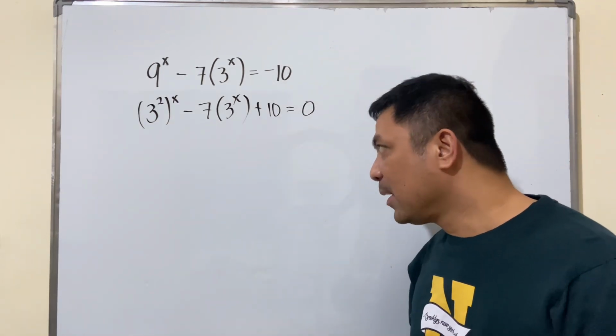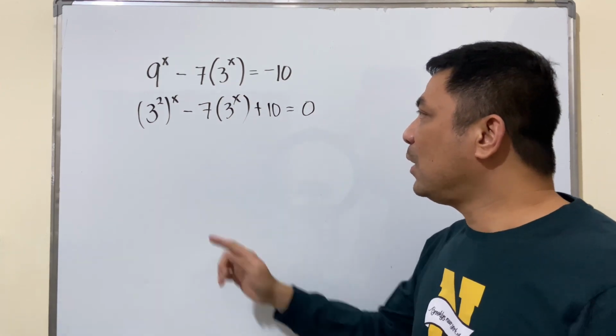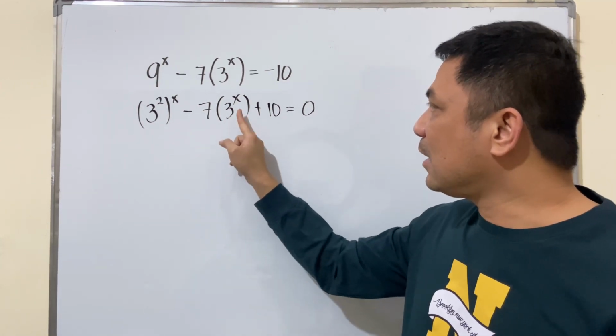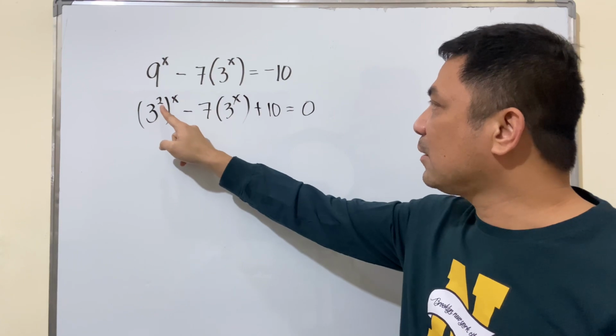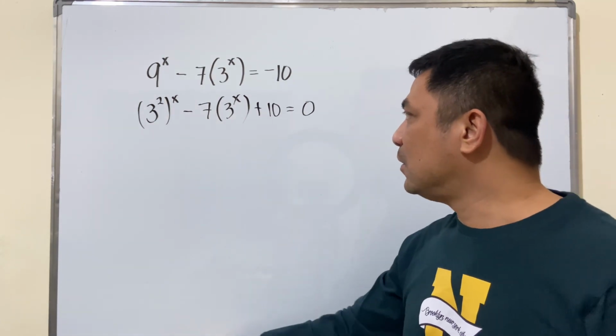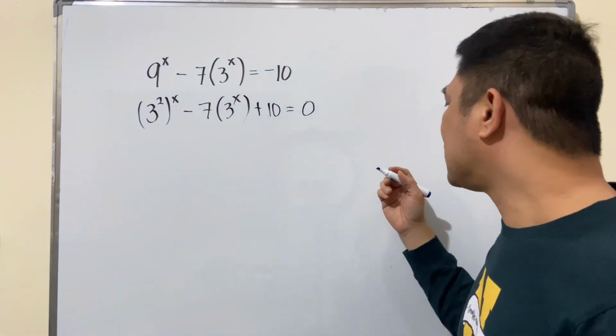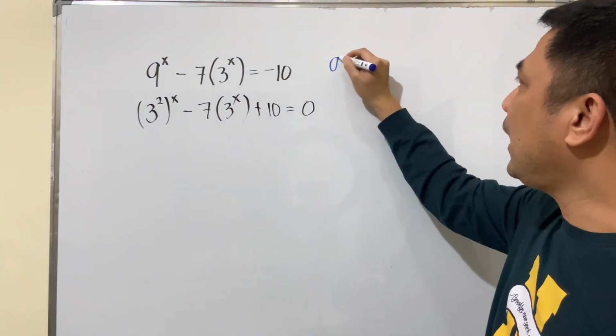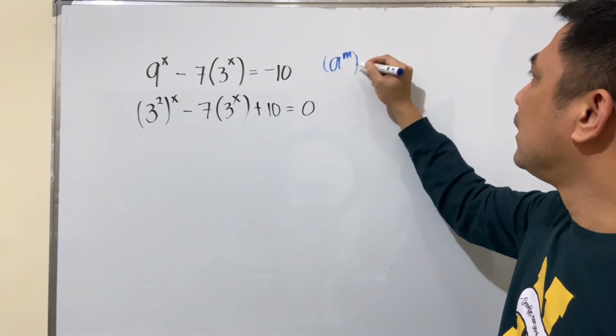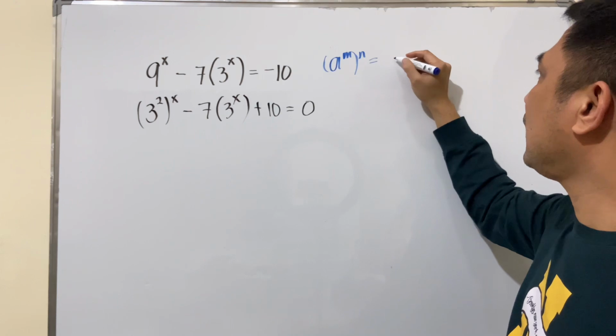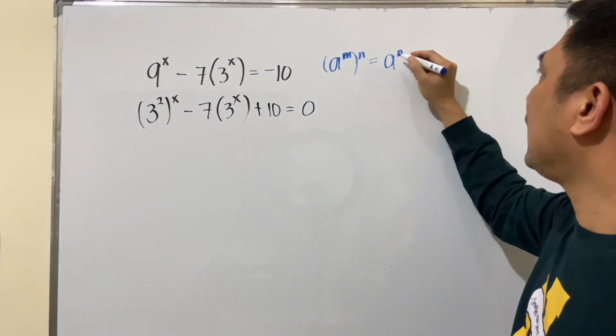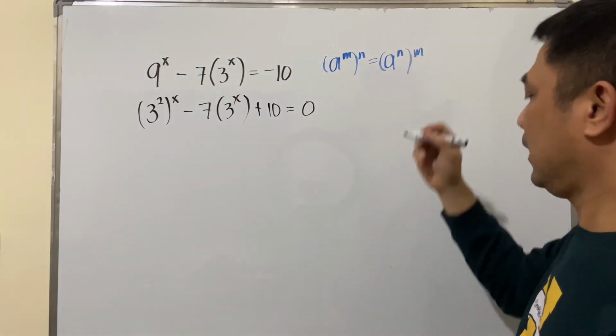Okay, so again, I want to make this one same as 3 raised to x. So you have 3 squared there, raised to x. If you remember our rule of exponents, if you have a raised to m, raised to n, this can be rewritten as a raised to n, raised to m.